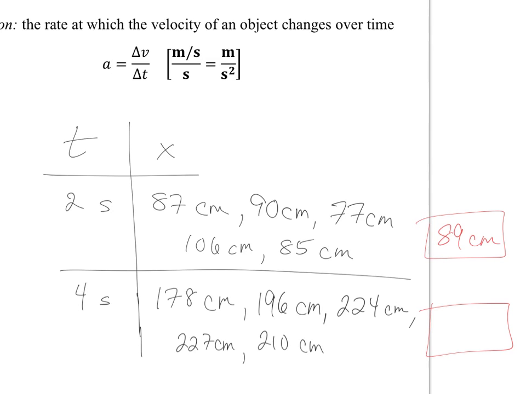Gotta be quicker, come on, man. And the other one? Oh, that's perfect. 207. Another 205. You got 205, you got 207, so let's get another. Somebody else verify. What do you get for the second one, the average?